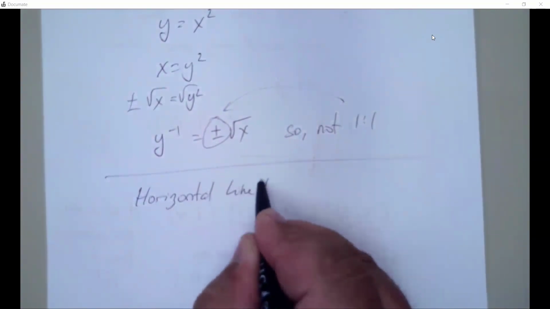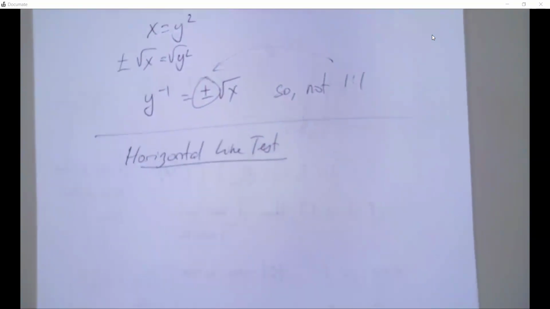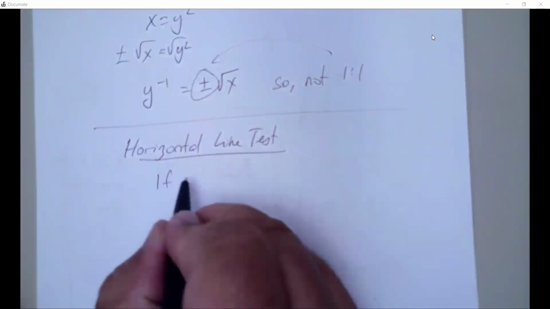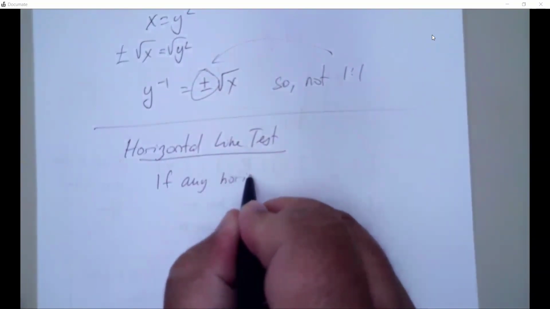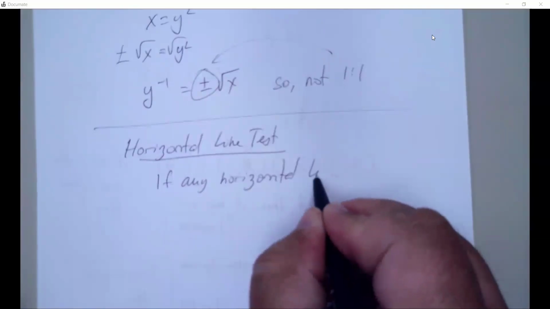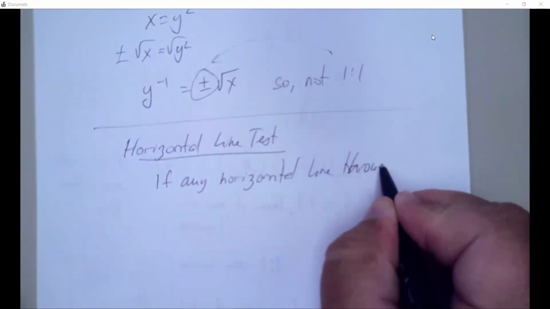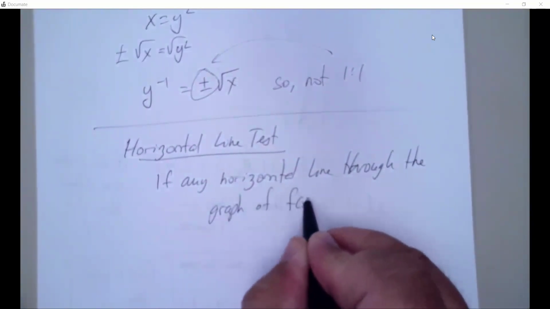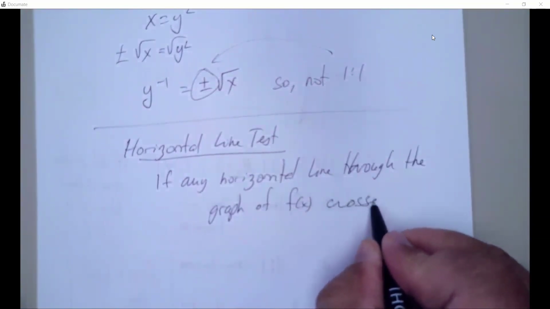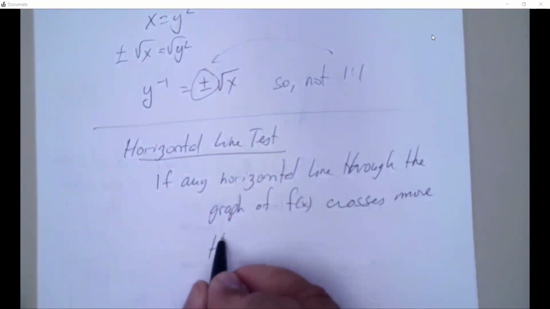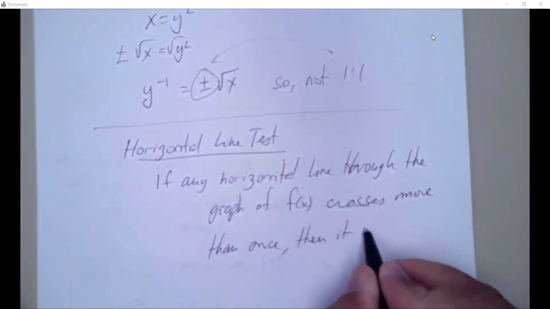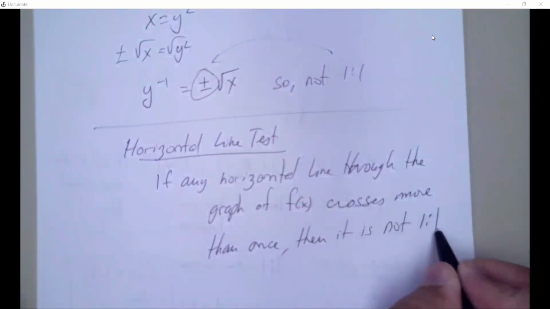The horizontal line test. If it's possible to draw a horizontal line through the graph of f of x that crosses it more than once, then it is not 1-to-1.